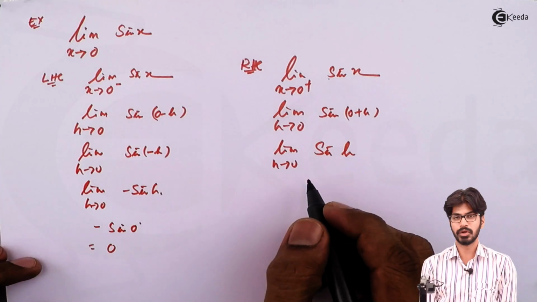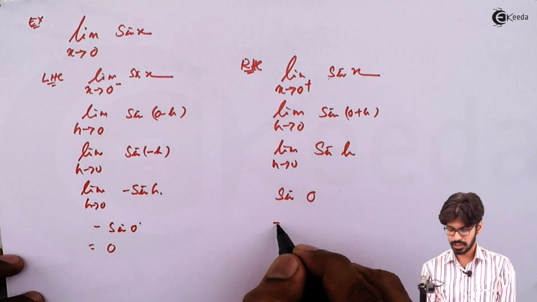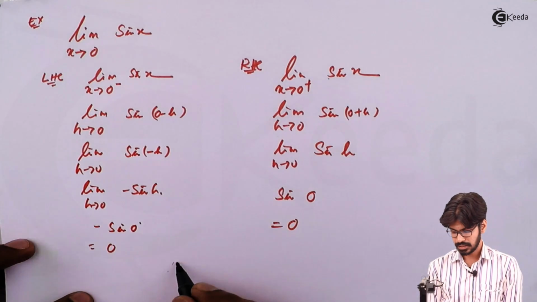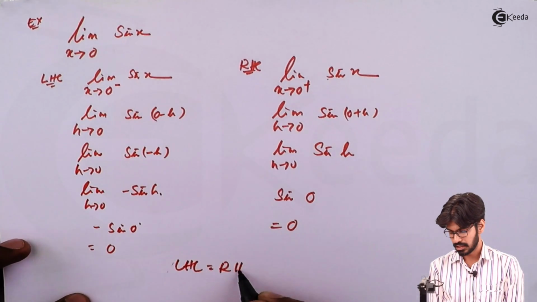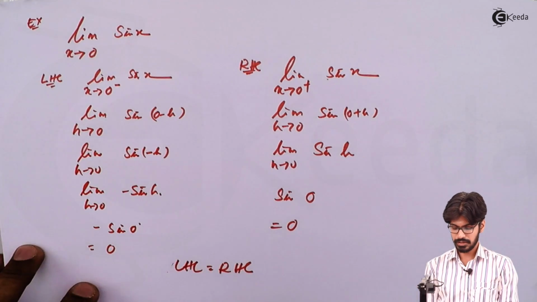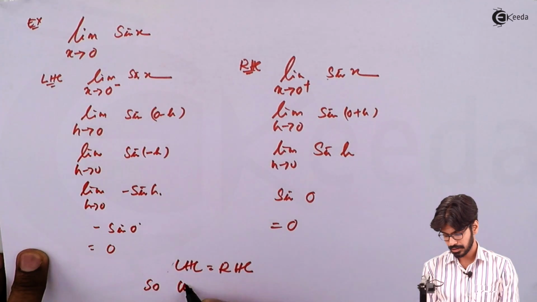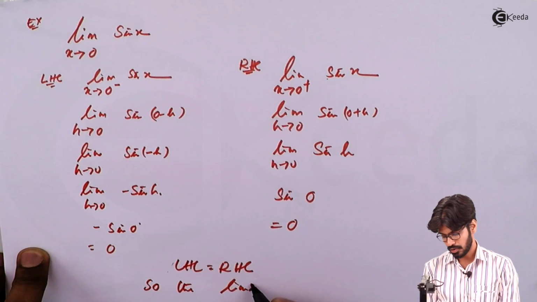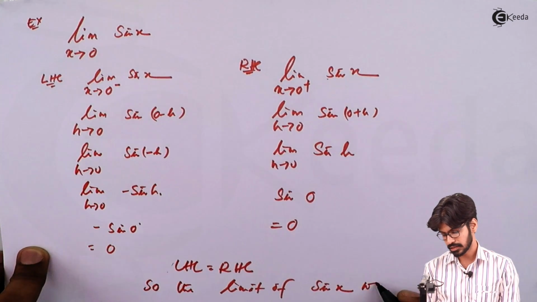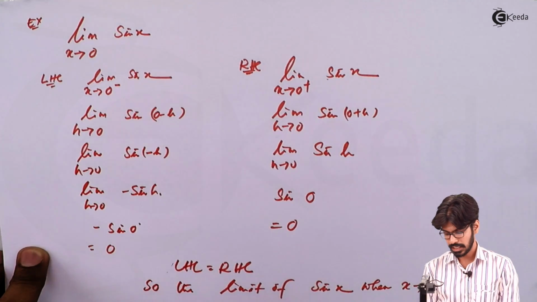So after putting the value of h in the function, we will get sine of 0, that is equal to 0. Hence here LHL equals RHL. Since the left hand limit and the right hand limit of the function are equal, the limit of sin x when x approaches 0 exists.